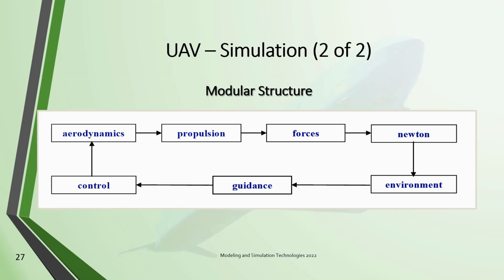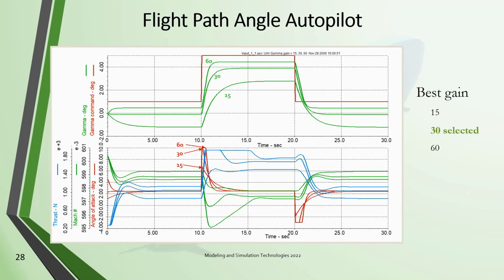On the bottom right here is the environment, like atmosphere to get us density and pressure. We have a guidance module for Waypoint Guidance, and that drives the control module, which contains the autopilots, which in turn drives the aerodynamics.